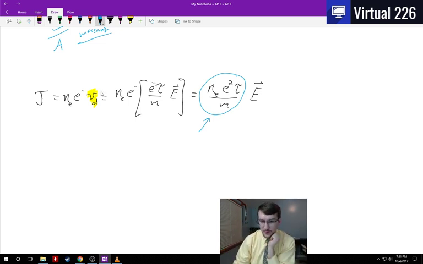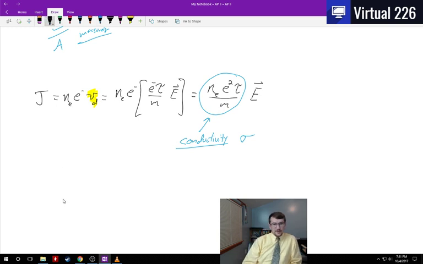This right here is a conductivity. It's how conductive the wire actually is. That is what that is measuring. We will give it the term sigma. So what we also have here is that our current density is equal to our conductivity, sigma, times our electric field. Okay?